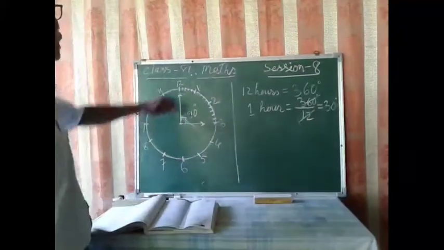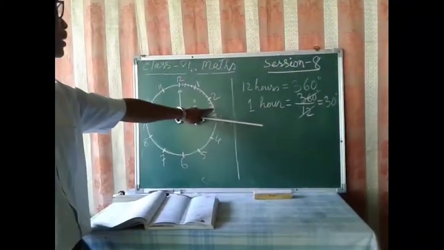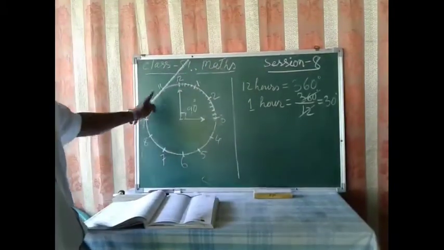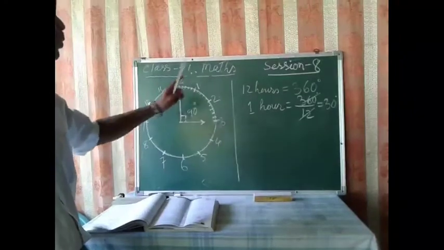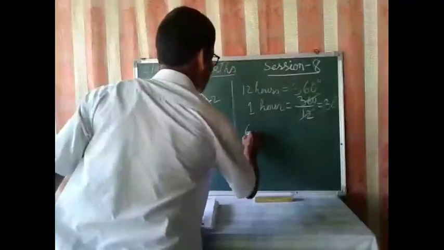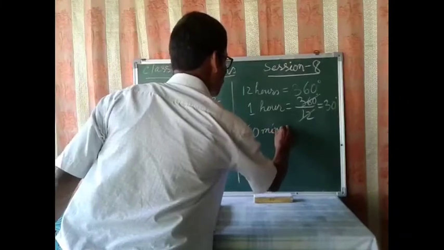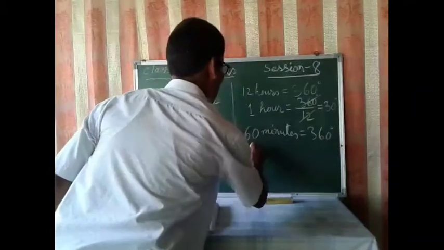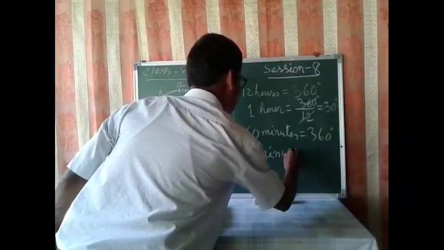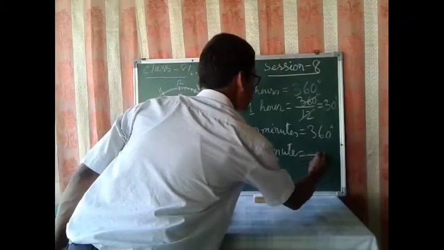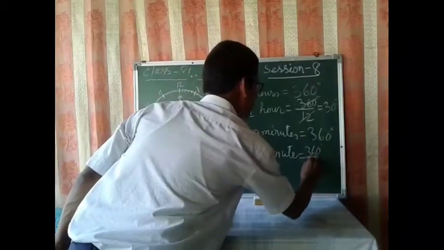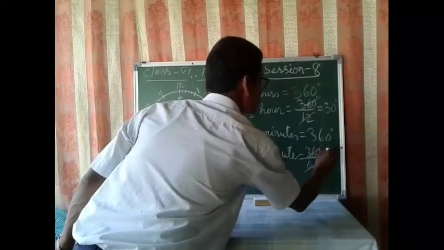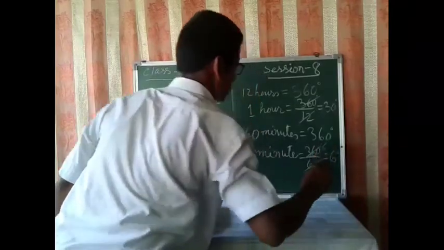In a clock dial, there are 60 minutes in one complete rotation of the minute hand. Therefore 60 minutes equals 360 degrees. Therefore 1 minute equals how much? 360 degrees divided by 60 equals 6 degrees.